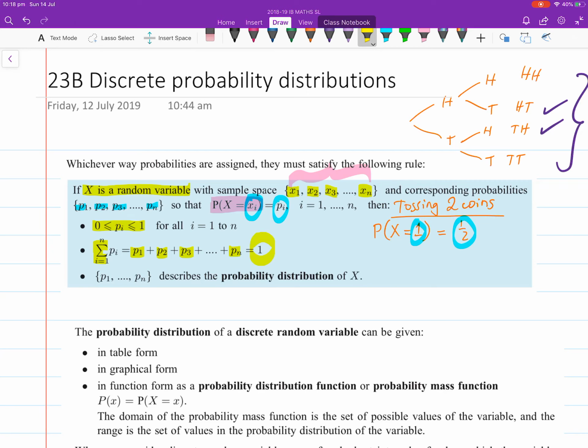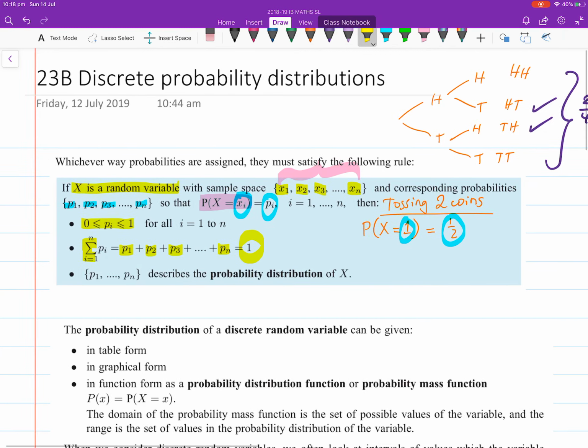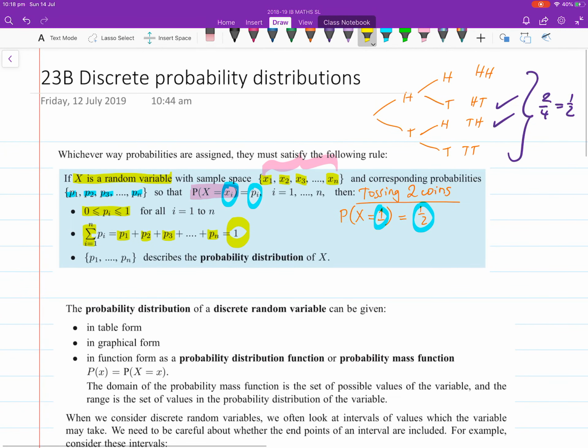It always has to add up to 1 because that's including the event and the complementary event as well. Okay, so that's everything. And so the set of all those probabilities, P1, P2, etc., Pn, is referred to as the probability distribution of X.